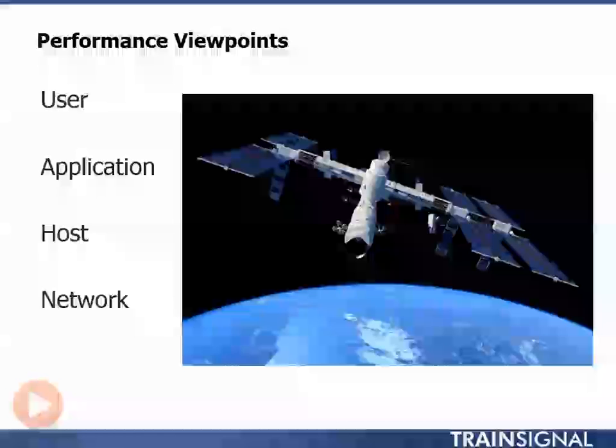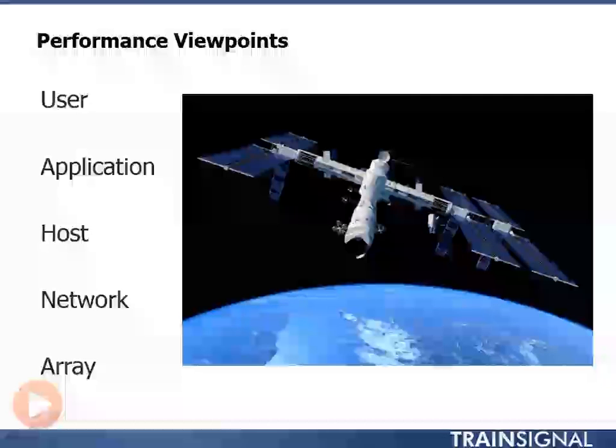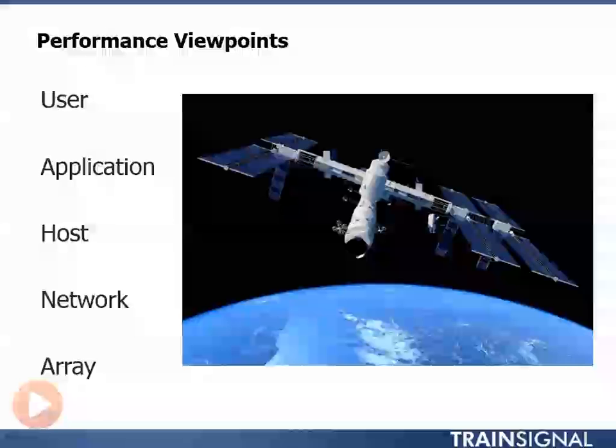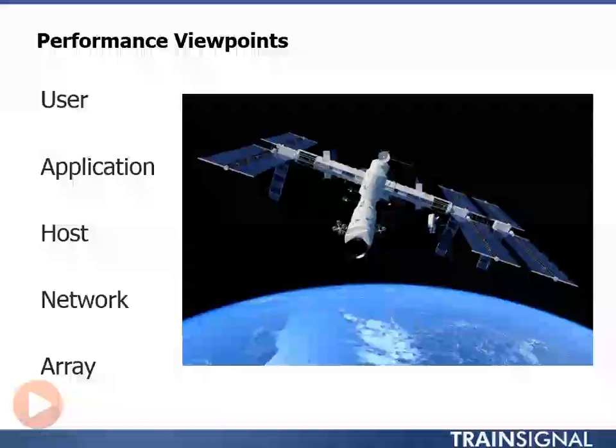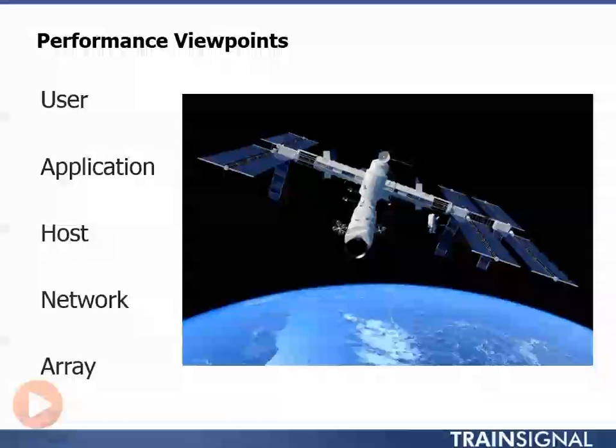And last but not least on the list, the array. The array has no detailed view of the network, the host, or the application performance, but it does have intimate knowledge of itself. Now, each of these viewpoints are important, and each usually has its own tools to provide the appropriate relative detail. Network tools for network detail, array tools for array detail. You get the picture.